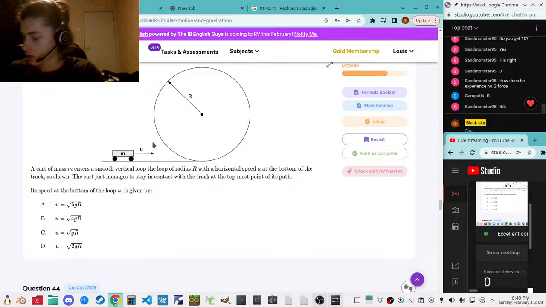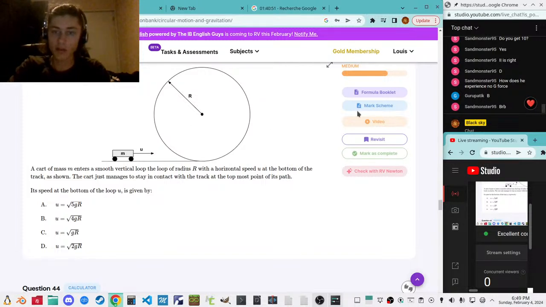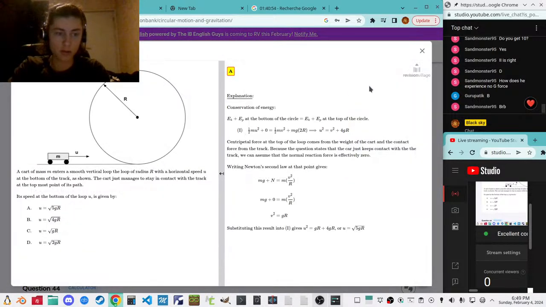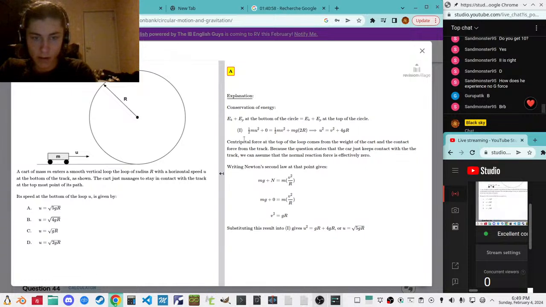Height is 2r. So it's 2 times g, square root of 2 times g. There's no potential energy at the bottom, is there? There's no kinetic. Oh, there is. Nobody said just.